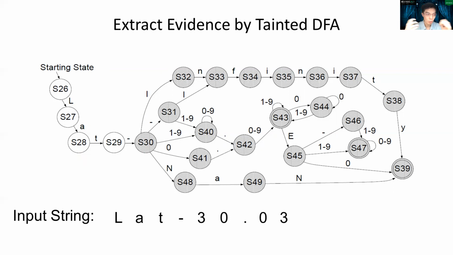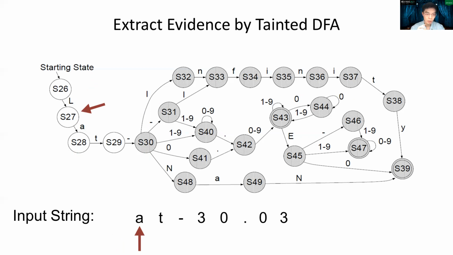Suppose we have an input string like the one shown at the bottom. We start from the initial pointer. Next, since from S26 to S27 there is an uppercase L, we consume the character L and move to the next state.